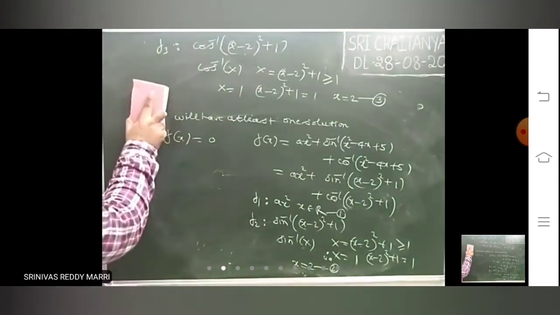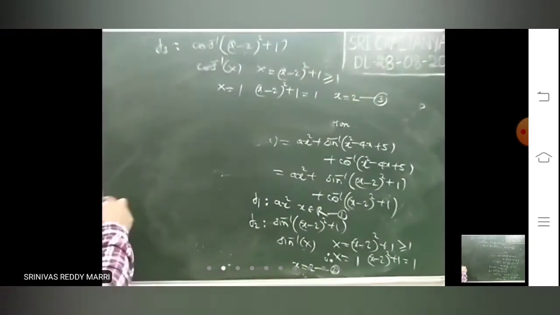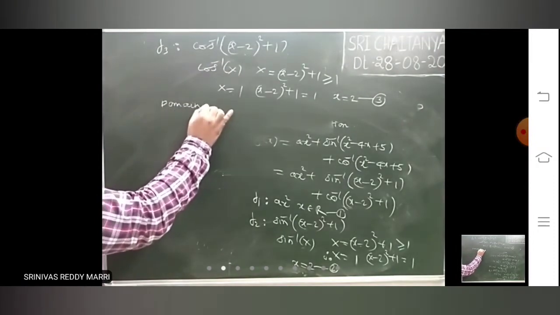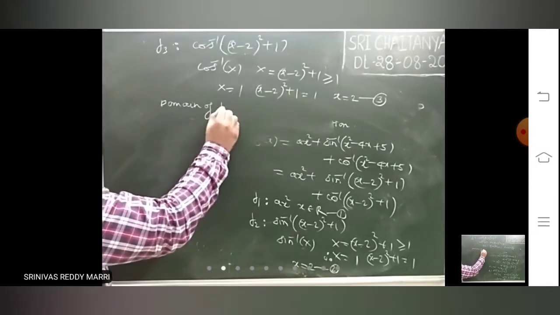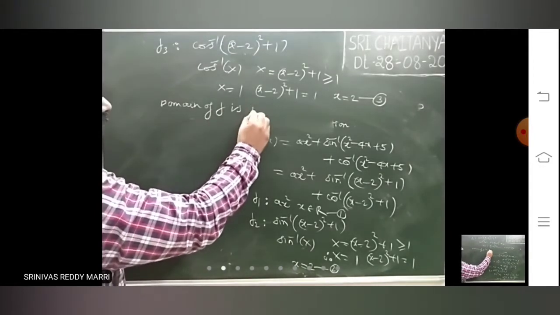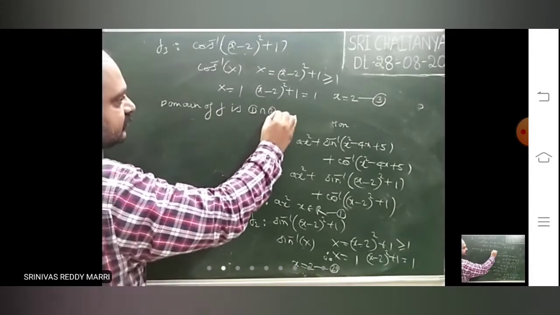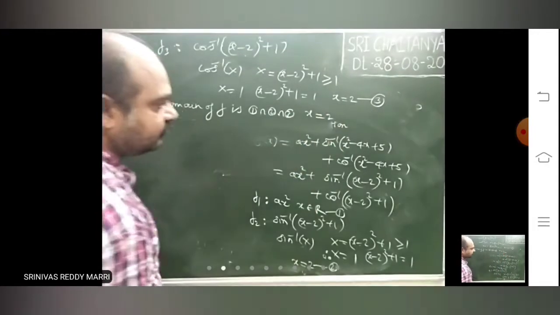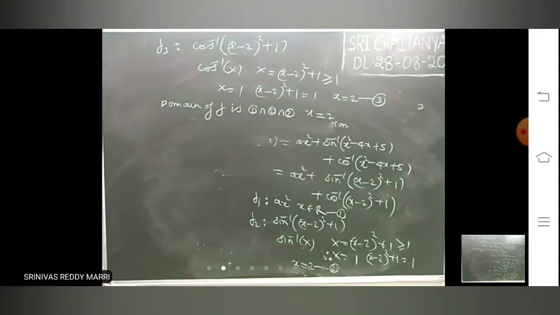Now the domain of F is the intersection of domains 1, 2 and 3, which means only x equal to 2.